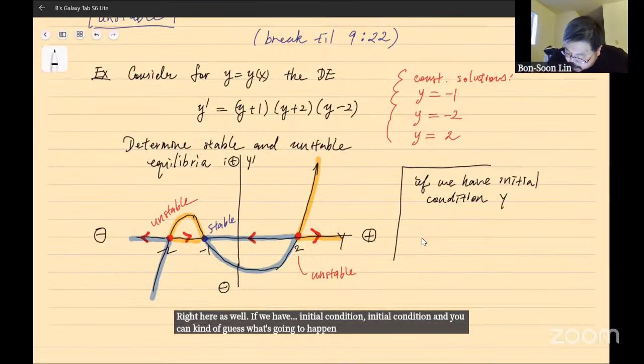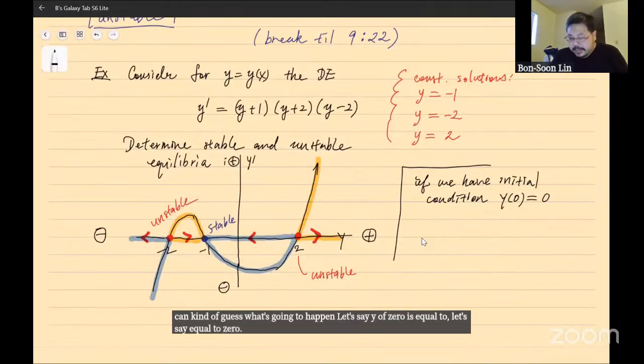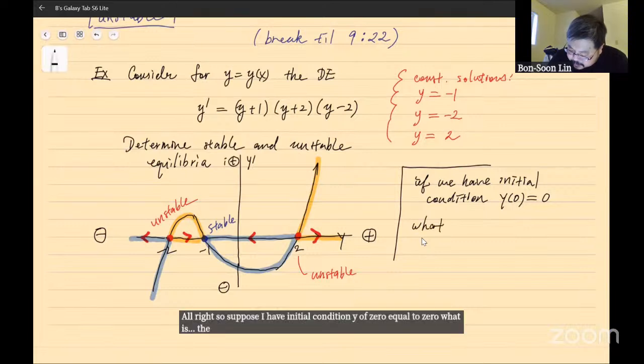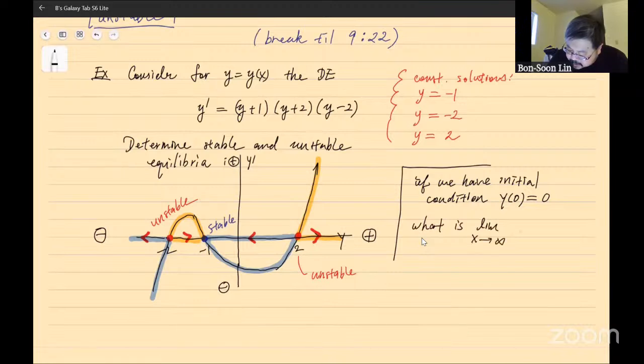Let's say y of 0 is equal to 0. Suppose I have initial condition y of 0 equal to 0. What is the eventual behavior of y of x as x goes to infinity?